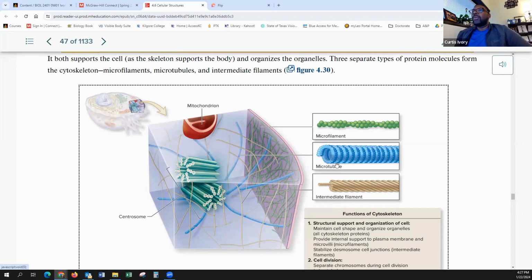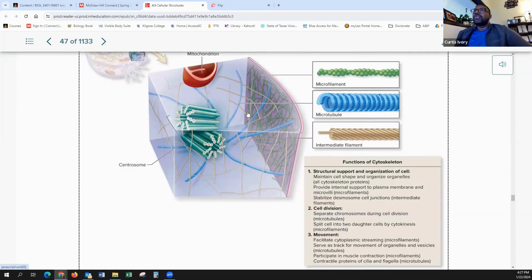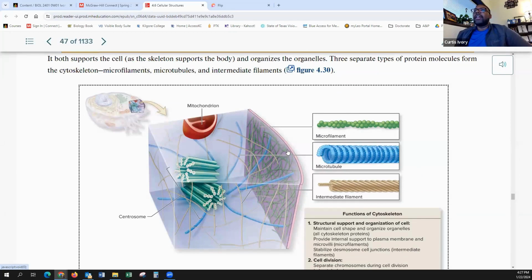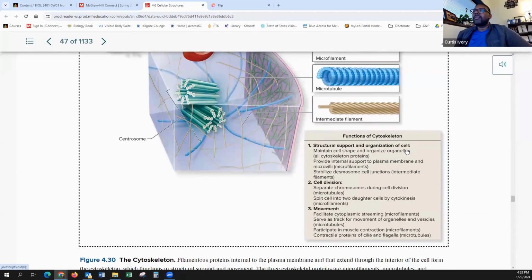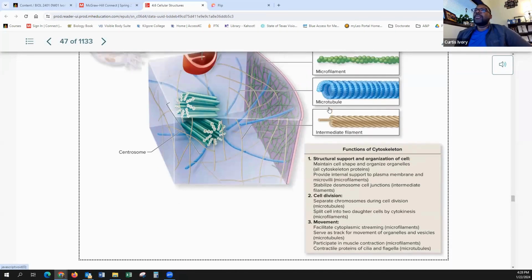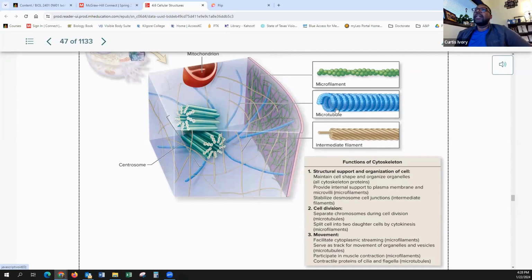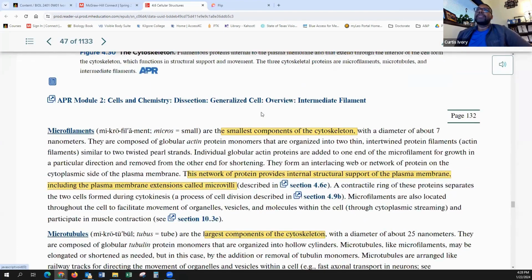And then microtubules are a lot bigger, even though they're small, but they're a tube versus a filament. All these components together give structure to the cell. And the thing is, if you don't have structure, you don't have function. Each one of these has a different purpose, but all together collectively, they make sure that the cell stays in the same shape and structure.